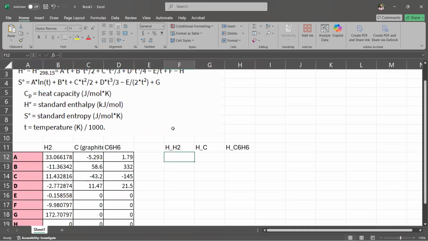So of course we need some temperatures. Remember that the temperature is the temperature divided by 1,000. So we'll start with 0, 0.1, that's 100 Kelvin, 0.29815, 0.37315, right? It's boiling of water. And why not? We'll just do 1,000 Kelvin as well, right? It's just a couple of temperatures.